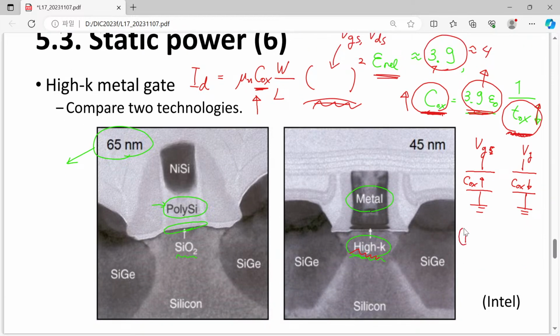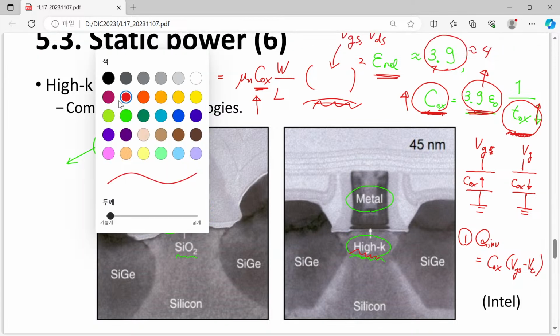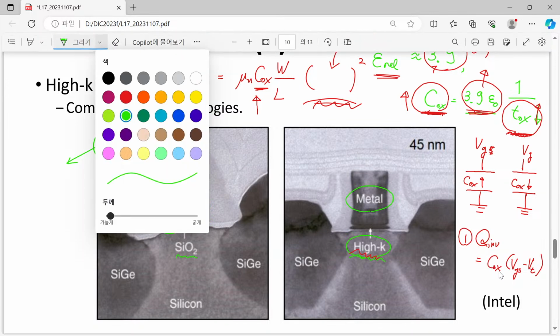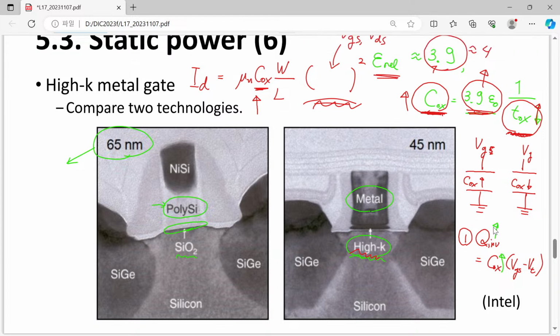So for one case, the amount of charge we can get, Q inversion, will be simply given by oxide capacitance times VGS minus threshold voltage. So simply speaking, when you have high oxide capacitance, then you will get more inversion charge.